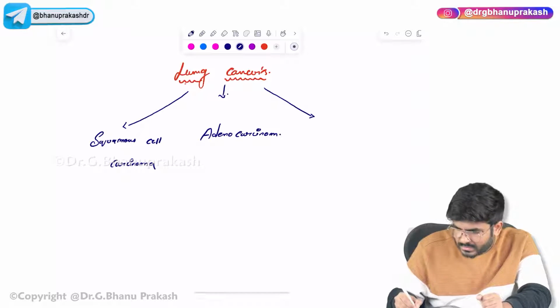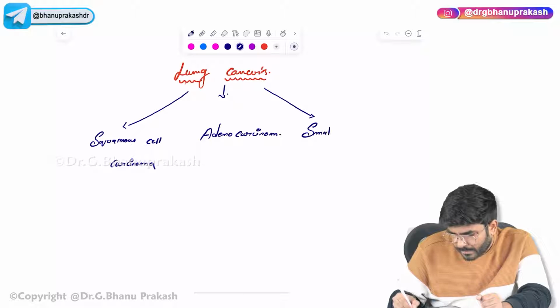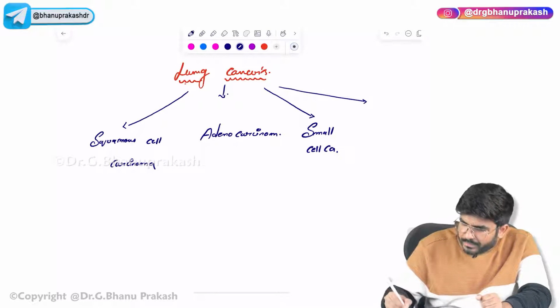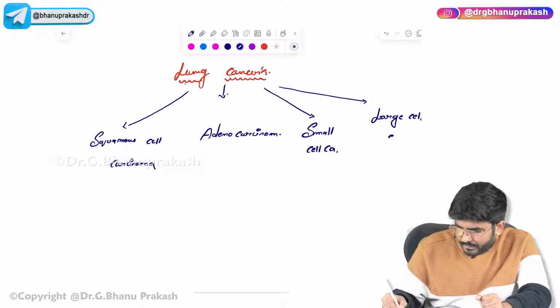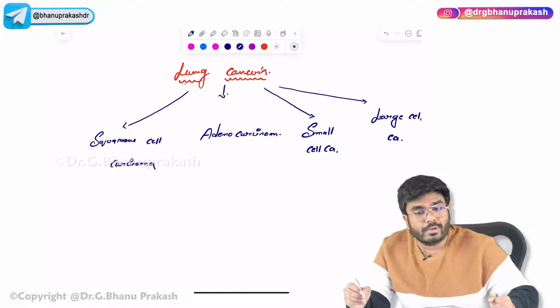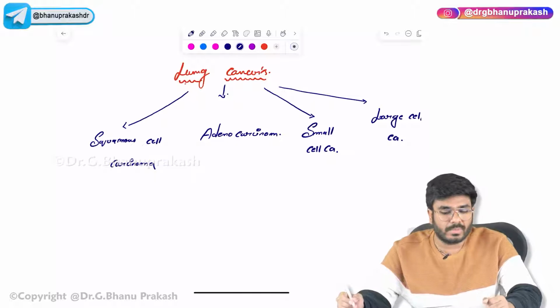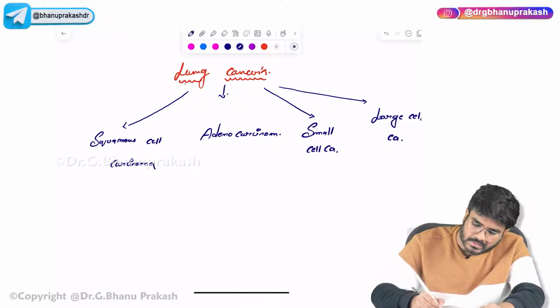Third type is small cell carcinoma. And the last variety is large cell carcinoma. So squamous cell carcinoma, adenocarcinoma, small cell carcinoma and large cell carcinoma. There are 4 types of lung cancers.